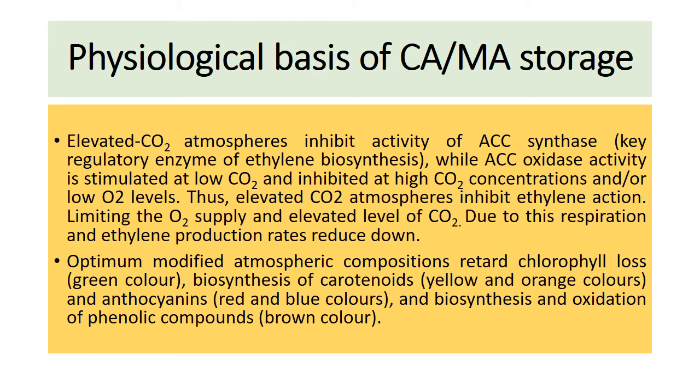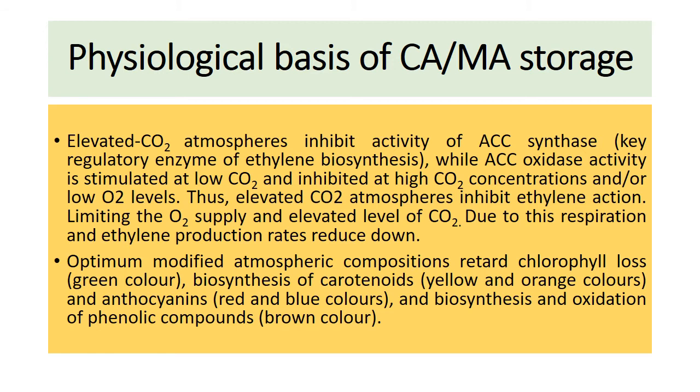So the basic principle behind modified atmosphere and controlled atmosphere is that when we increase the concentration of CO2, it reduces ethylene production, and when we reduce the oxygen level, it reduces the respiration rate of the food commodities. So by elevating CO2 and reducing oxygen, we get two things.